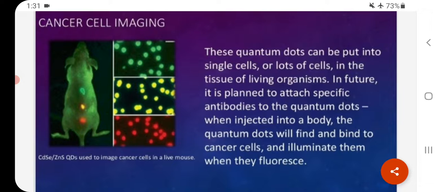When injected into a body, the quantum dots will find and bind to the cancer cells and illuminate them when they fluoresce. On the screen, this diagram shows cancer cells in a live mouse. The new generation of quantum dots has far-reaching potential for the study of intracellular processes at the single molecule level. High-resolution cellular imaging.